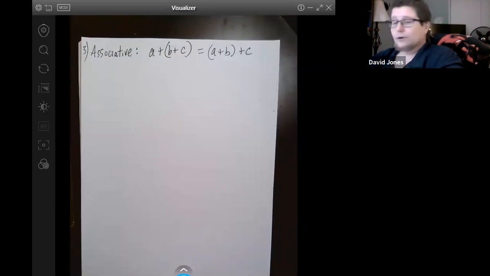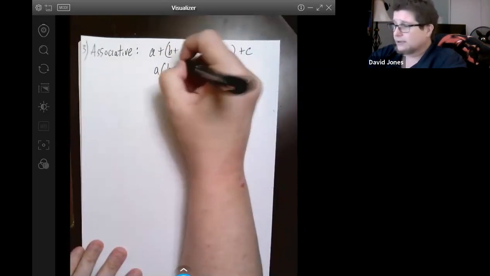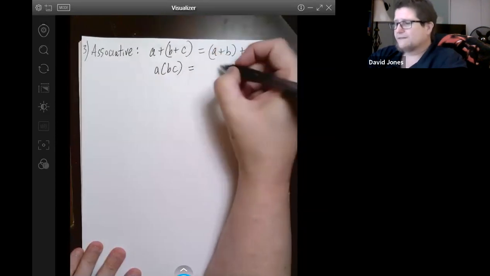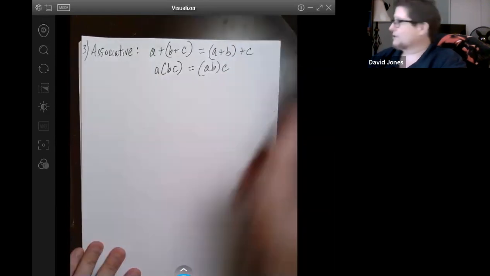If you throw a subtraction sign in there, it screws it up. The same thing applies to multiplication. I could multiply B and C first, or I could multiply A and B first, and the result is the same.